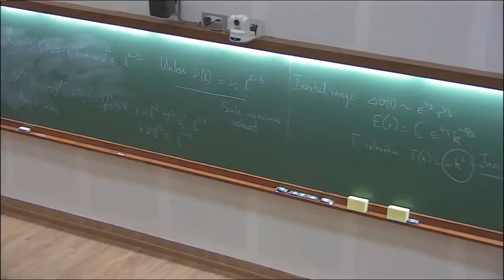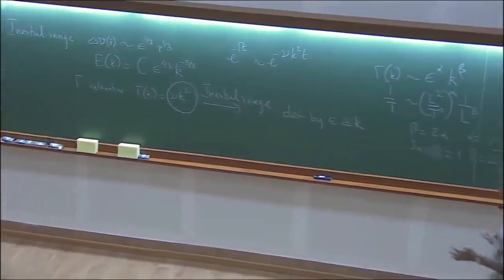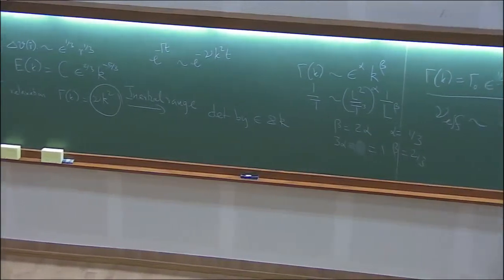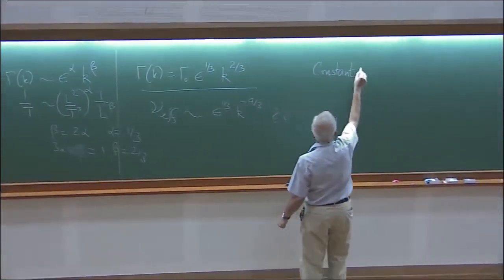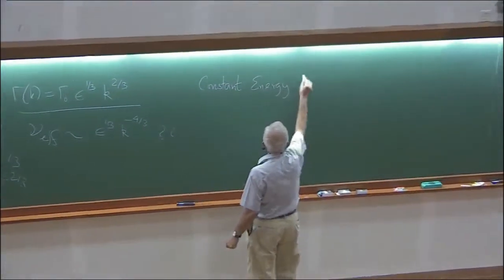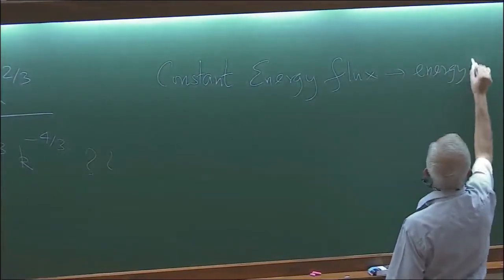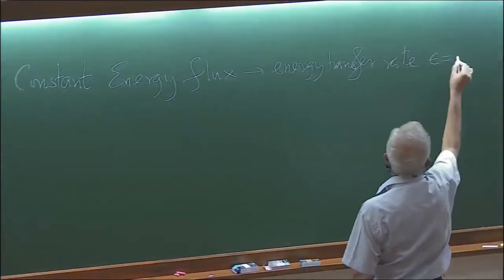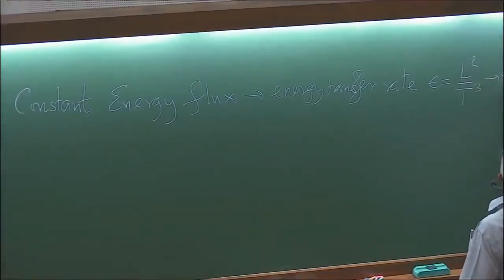Now, is there a way in which I can nail down z, not from what I have said over here, but there is this additional constraint, the constant for Kolmogorov, and there is this physical assumption of constant energy flux, that is energy transfer rate, which is this epsilon, which was dimensionally L squared over t cubed, is scale independent.